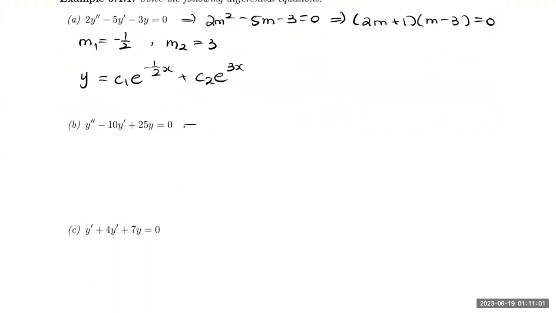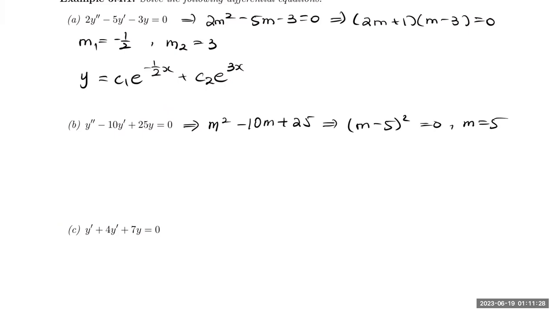So our auxiliary equation will just be m^2 - 10m + 25. If we were to solve this, we see that this is just going to be a perfect square. Set this equal to 0. So our one solution is just going to be m = 5.